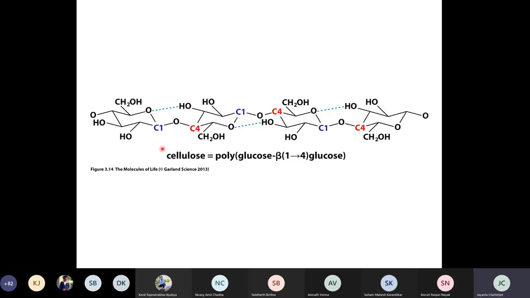It would be axial, then equatorial, axial, equatorial, axial, equatorial, and so on. That's how it proceeds. So you have a step kind of function. Whereas this is equatorial, equatorial, equatorial, equatorial, like this. That is why this is linear.